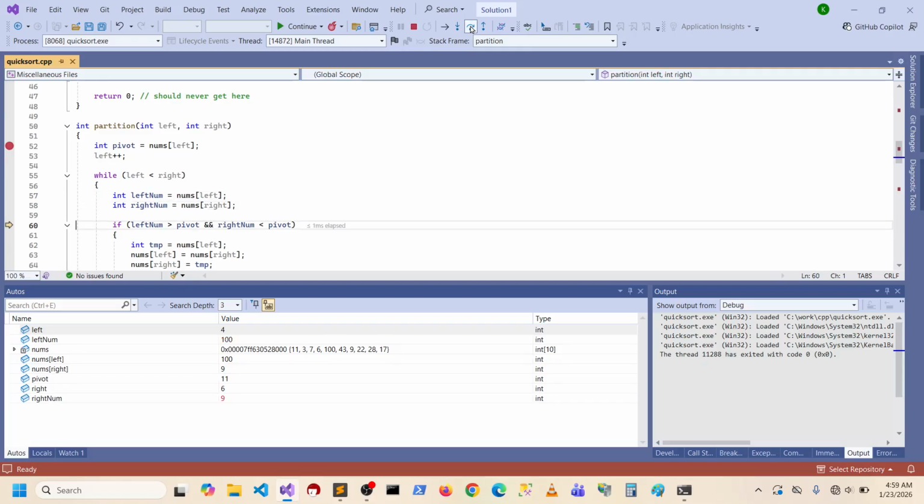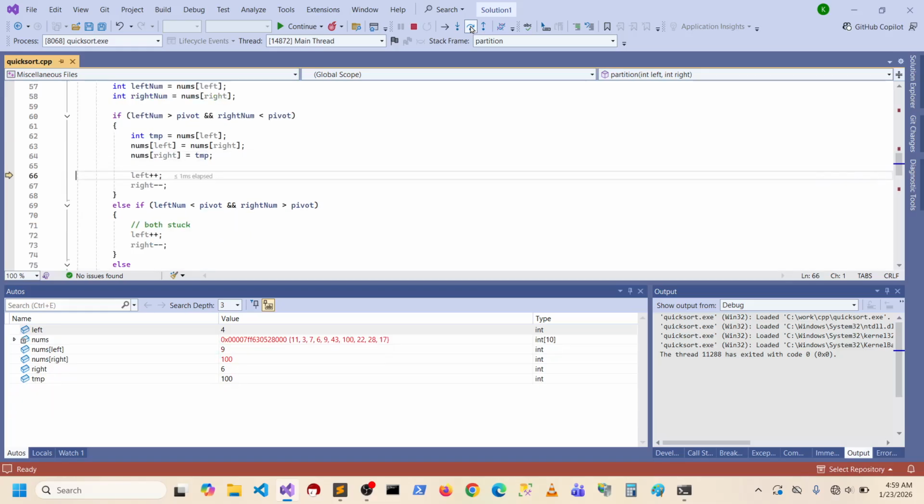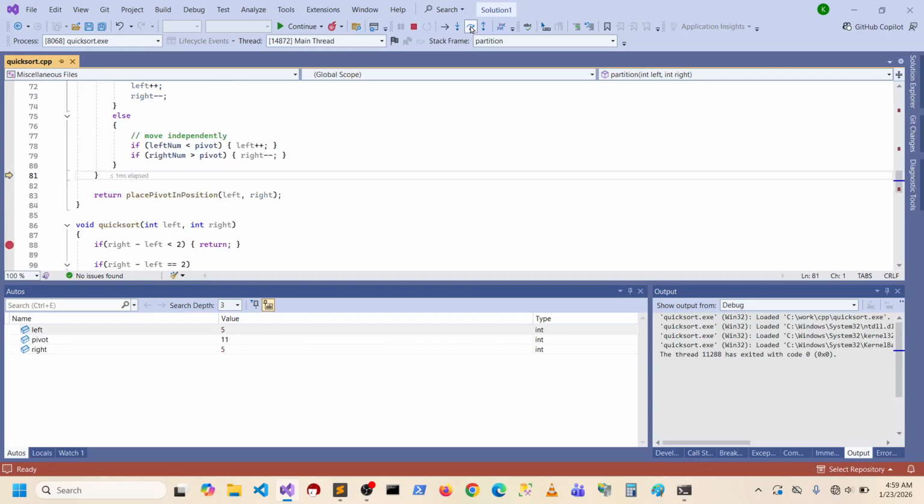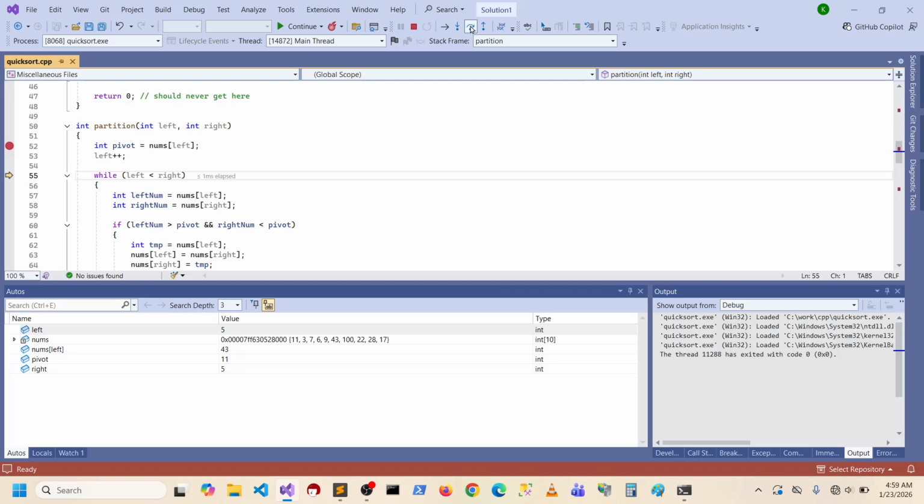So now we have left numbers 100, right is 9. So these should swap too. There we go. There. Left is right.